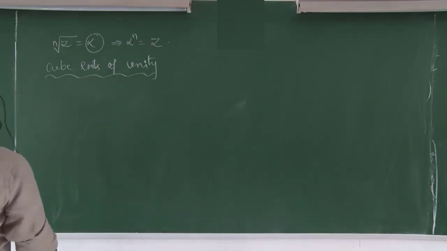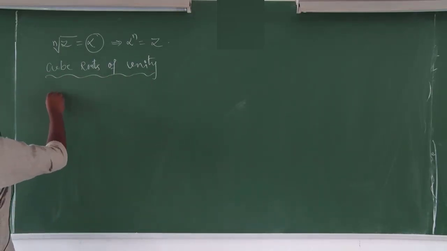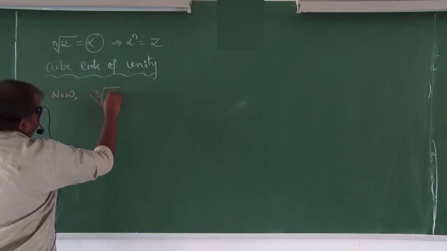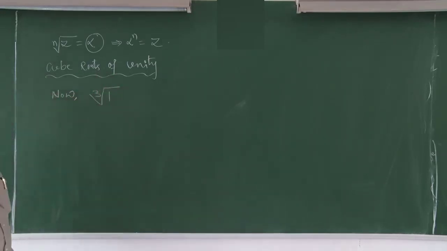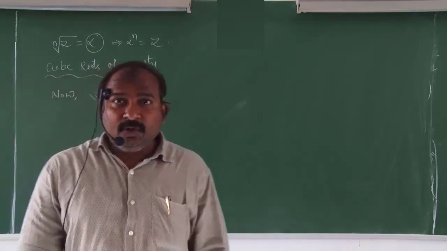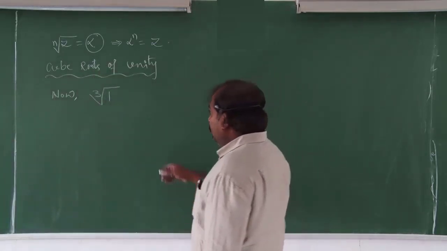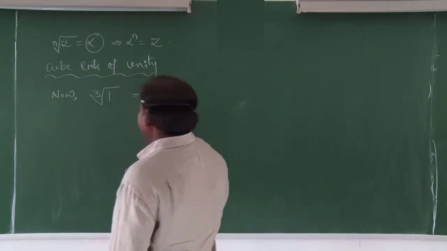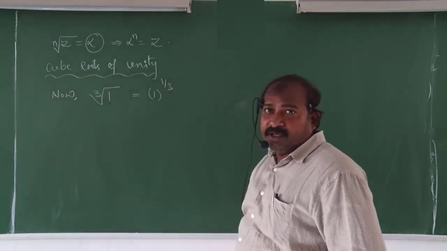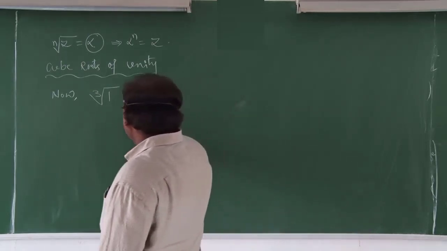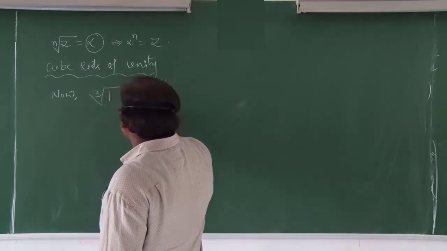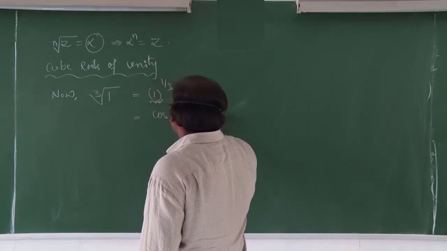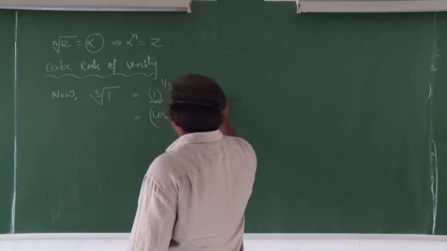Now we have to find the cube root of 1. What will this value be? Cube root of unity is equal to 1 power 1 by 3. I can write it like this: 1 power 1 by 3. Now this value I can write as (cos 0 plus i sin 0) whole power 1 by 3.